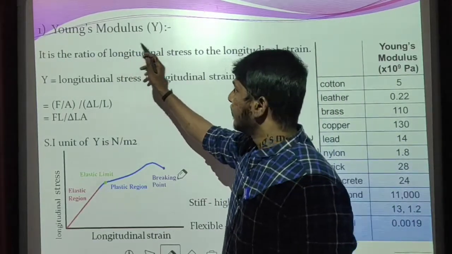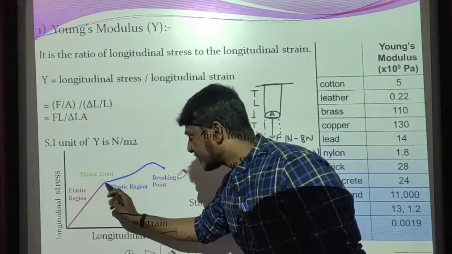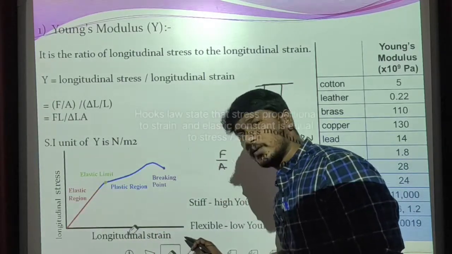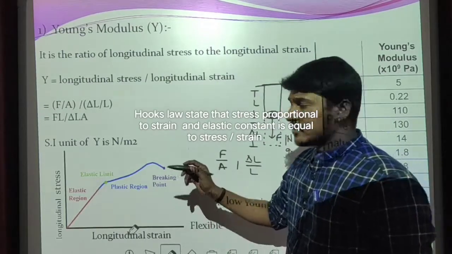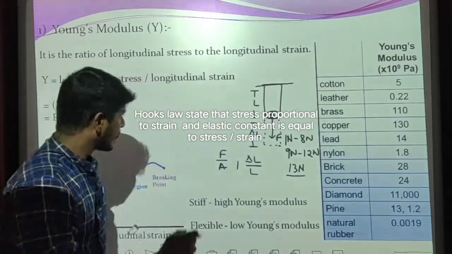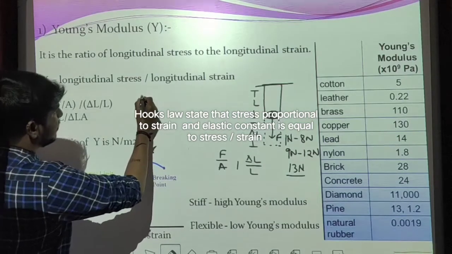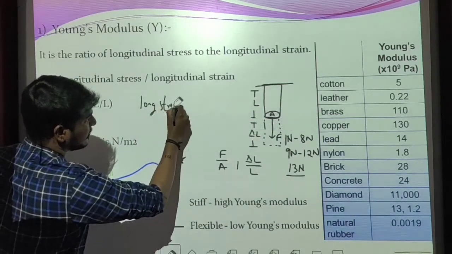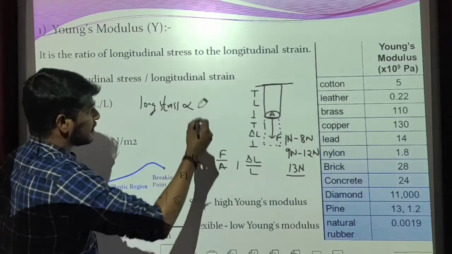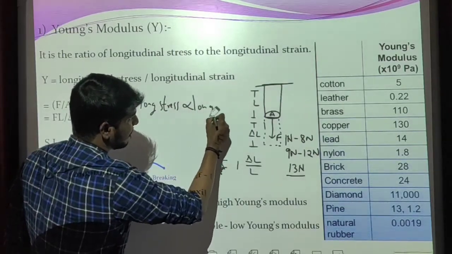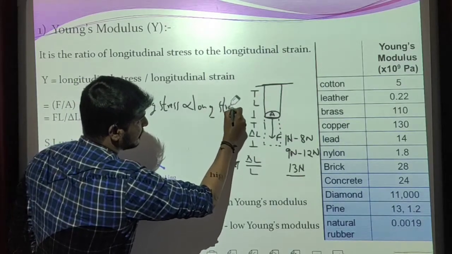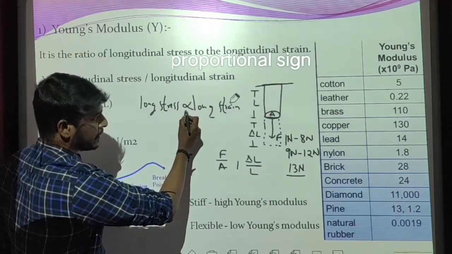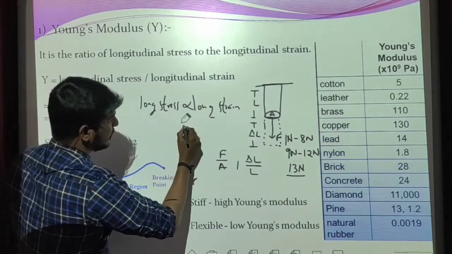Here we define Young's modulus: within elastic limit, longitudinal stress is directly proportional to the longitudinal strain. Then we remove the proportionality sign and introduce a constant.